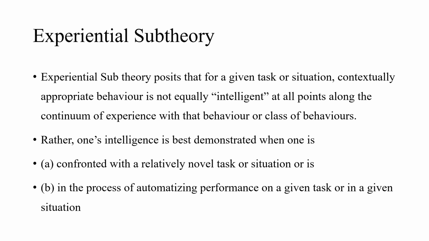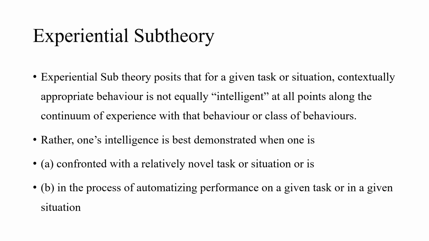So in this experiential subtheory, Sternberg talks about how the important aspects are the novel task. Okay, so for intelligence to be demonstrated, there should be a relatively novel task or situation, only then does this creative intelligence come into play.